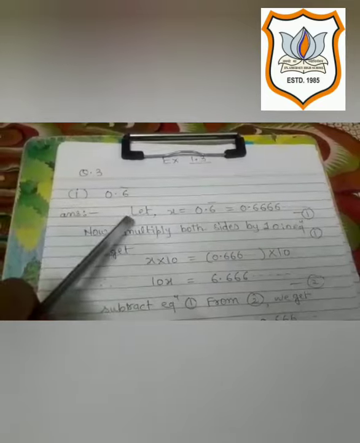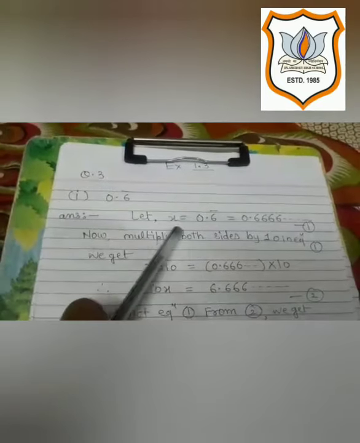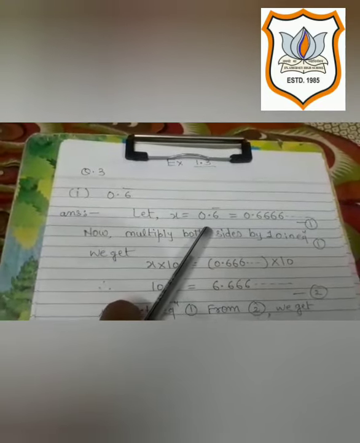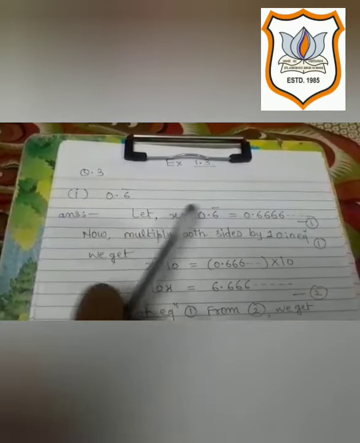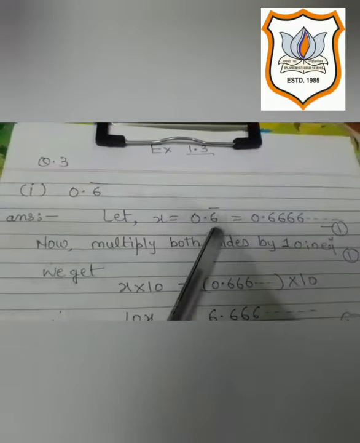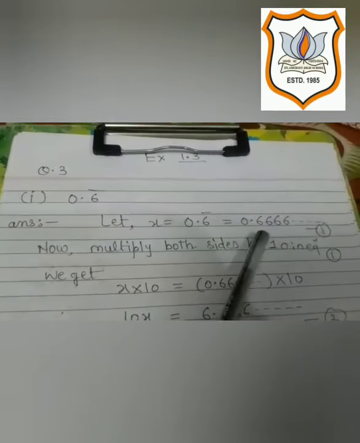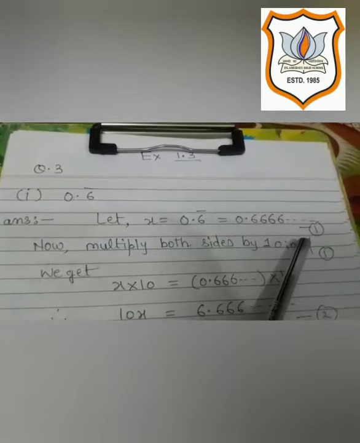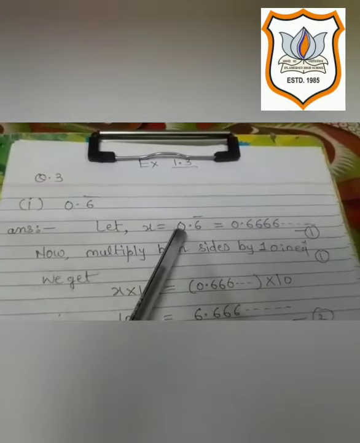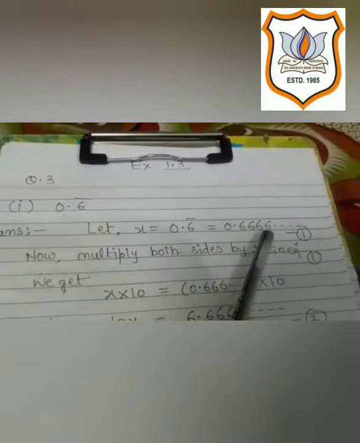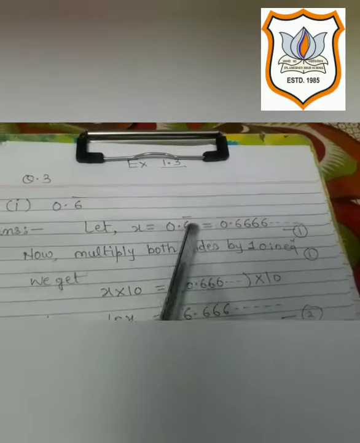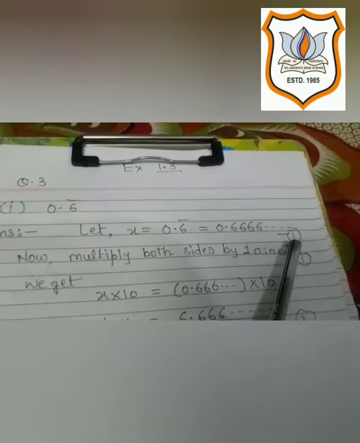To solve it, let us consider x is equal to 0.6 bar. We have to make an equation x is equal to 0.6 bar. And we know that bar represents the number repeating continuously, endlessly. We can say 0.6 bar is equal to 0.666 endlessly. And it will be our equation number 1.